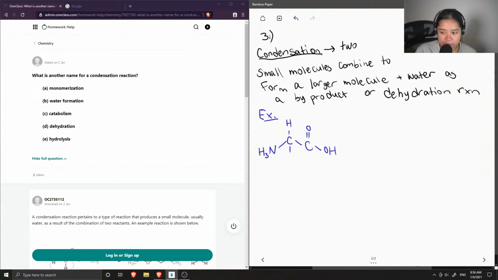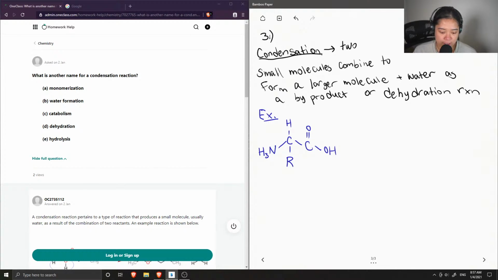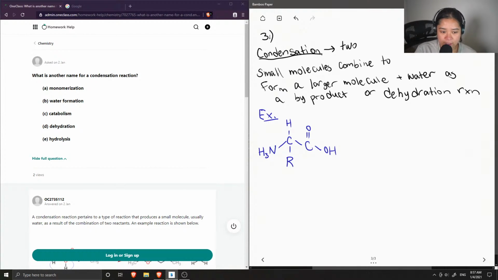What makes every amino acid unique is that they have a different R group. So this can be any of the main groups. Like if it was an H, it would be glycine. So depending on the R group, you get a totally different amino acid.